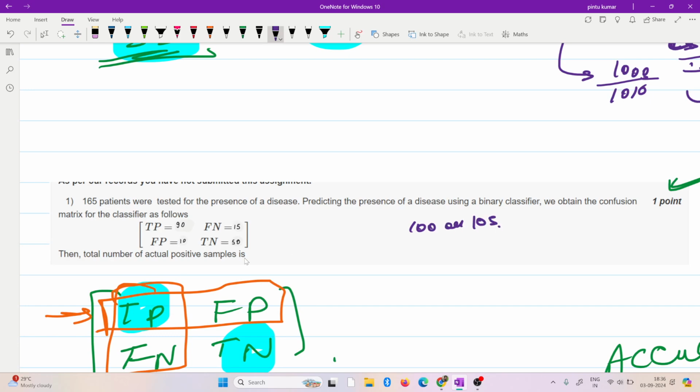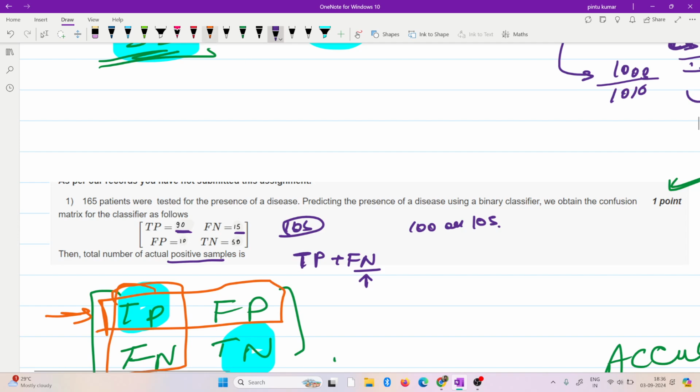So the total number of actual positive samples is true positive, the data points that were actually positive and classified as positive, plus false negative, the data points which are positive but classified as negative. So it would be 90 plus 15, which is 105.